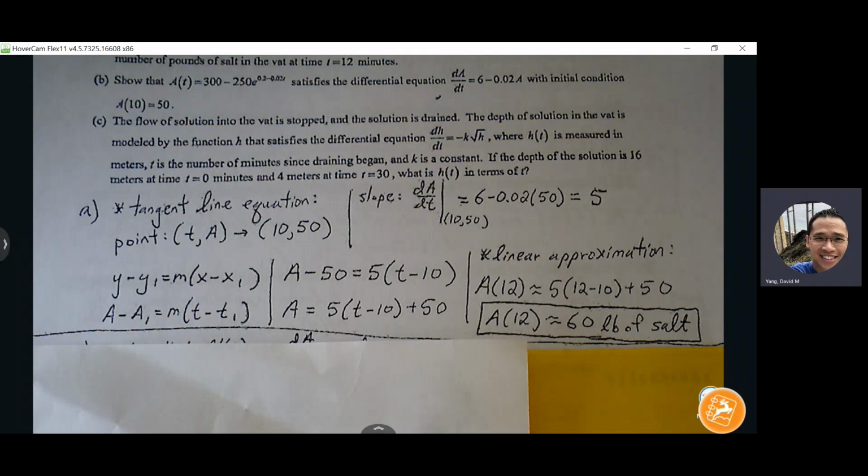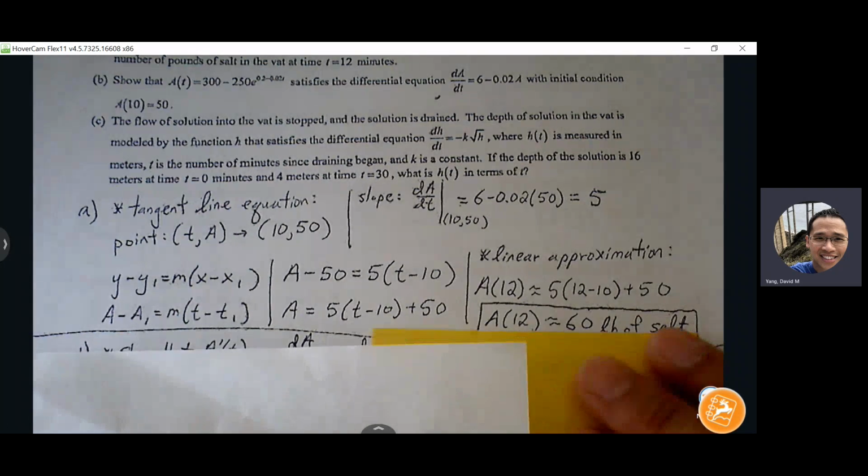So separate the variables, right? But instead of y's on the left and x's on the right, what do we want on the left side? A's on the left, and t's on the right. Okay, so let's set ourselves up for cross multiplying.